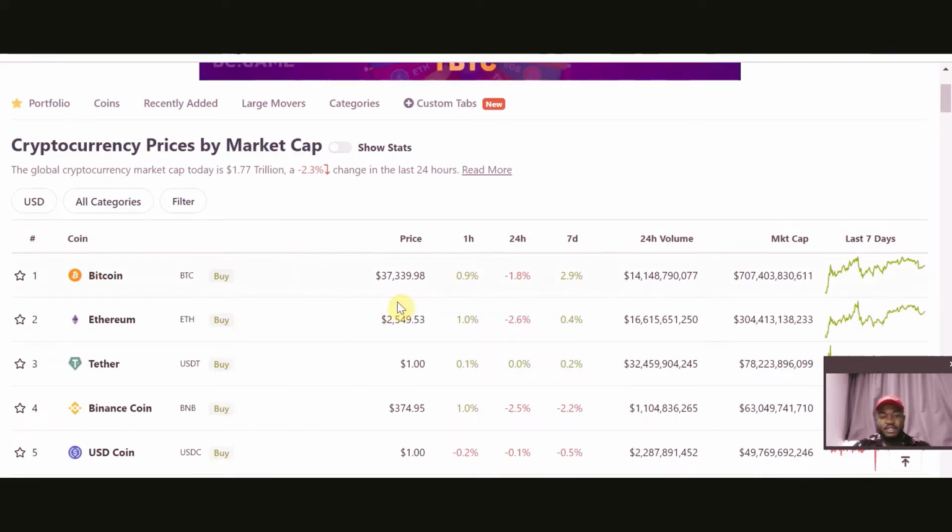You can see Bitcoin is trading at $37,000 with a 1 hour increase of 0.9%, 24 hours of minus 1.8%, 7 days at 2.9% positive. So you can see the 24-hour trading volume of Bitcoin is at 14 billion and a market cap of 707.4 billion. So these things also give you the whole thing you need to know about Bitcoin, whether this coin is doing well or not.